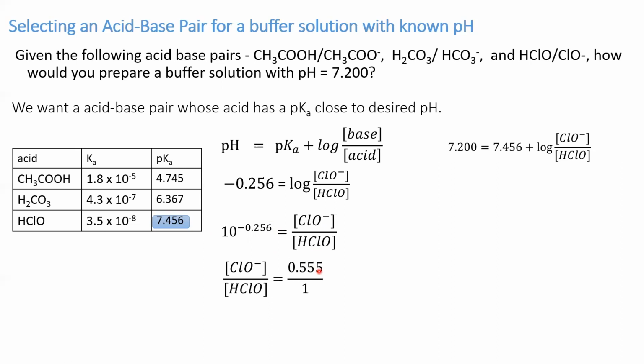Okay, well, what does that mean? It means the ratio of the concentration of the base to the concentration of the acid is 0.555 to 1.